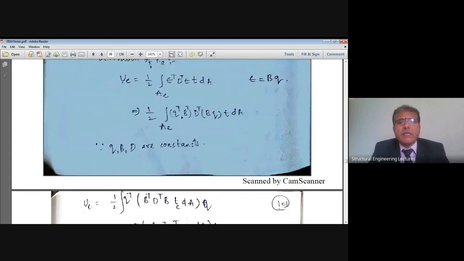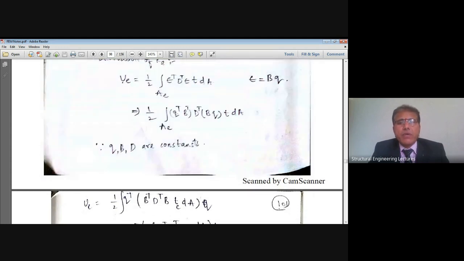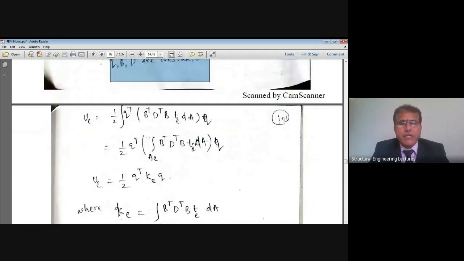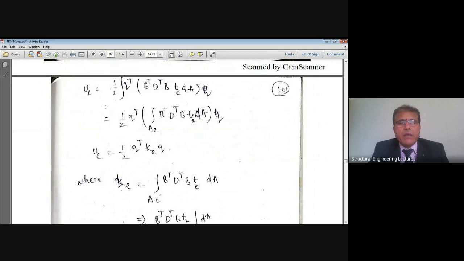Please see that in this integration, we do have q, B, D. All these are constants. They can be taken out of the integration. And now I can write the strain energy of one element, Ue, as half q transpose multiplied by some matrix multiplied by q.